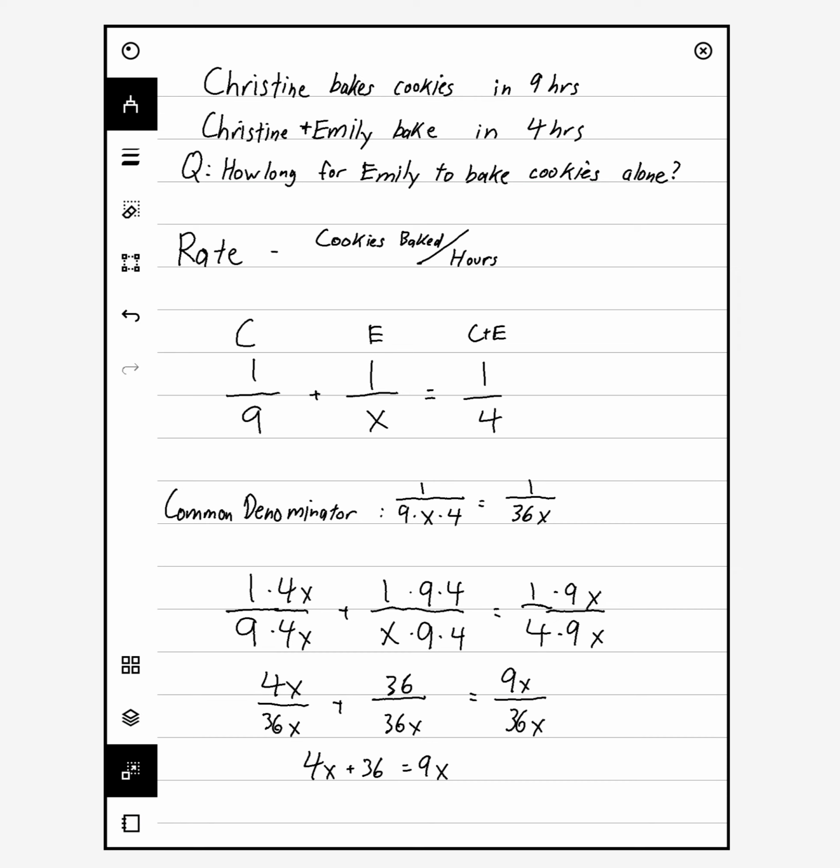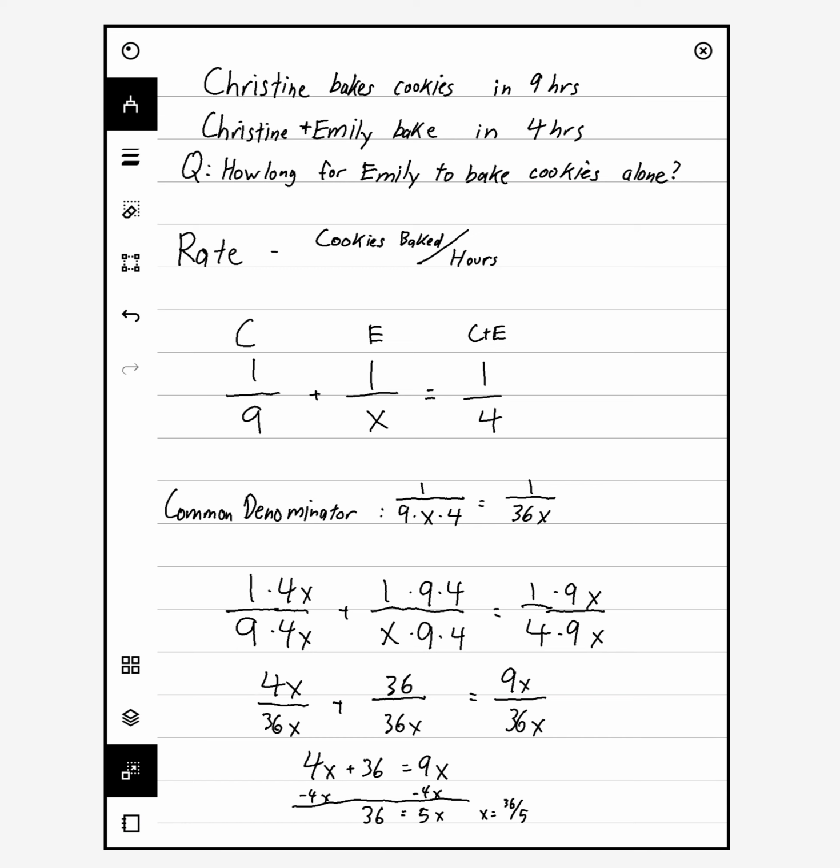Right, because if you were to add 4x divided by 36 plus 36 divided by 36, it is equal to 9x divided by 36, it's the same thing. Okay, so then let's isolate x. So minus 4x, minus 4x. We're left with 36 is equal to 5x. So x is equal to 36 divided by 5.